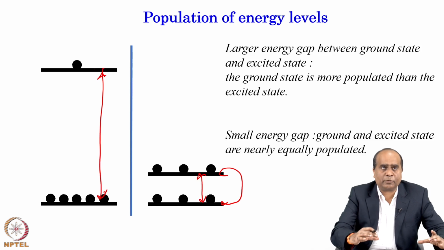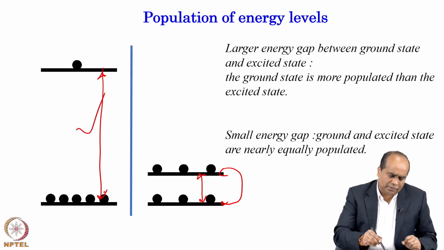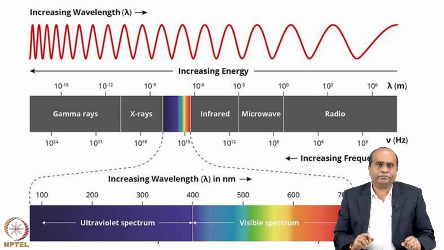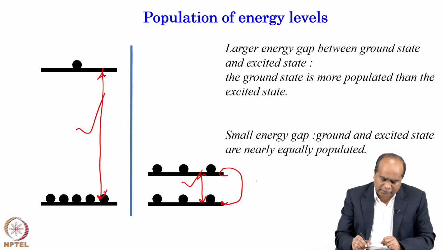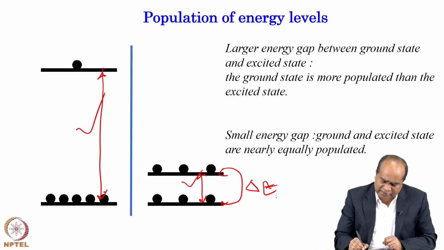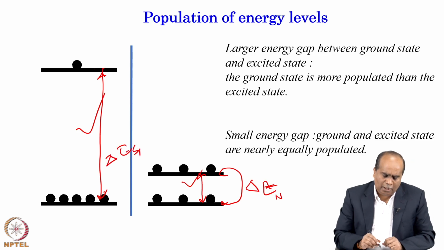Here the energy gap is quite large, here the energy gap is small. So, the population difference is large here, and minimal here, right. And to fill this gap, here is delta E. So, if I have to do spectroscopy, I write delta E for nuclear and delta E for the electronic state.